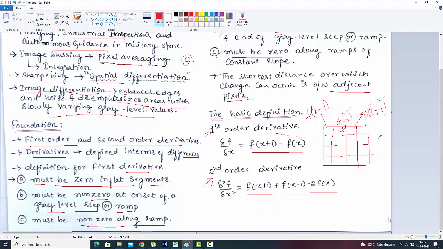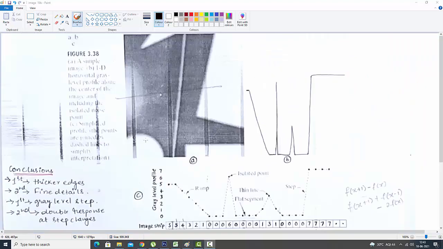This equation we know, and it comes from the pixels f(x+1), f(x-1), and double of f(x). Mainly where the effect is applied, the image pixels will be changed.